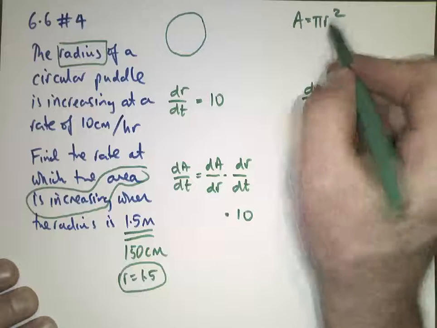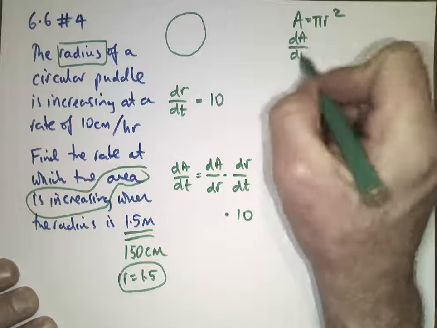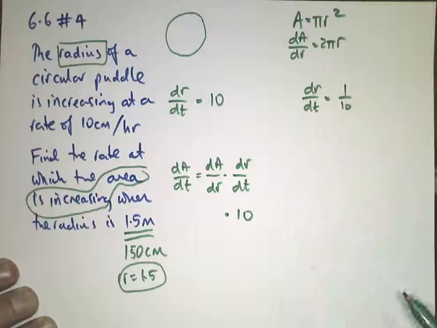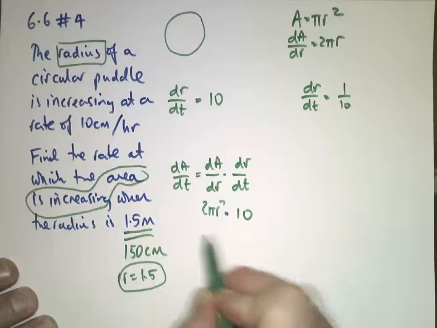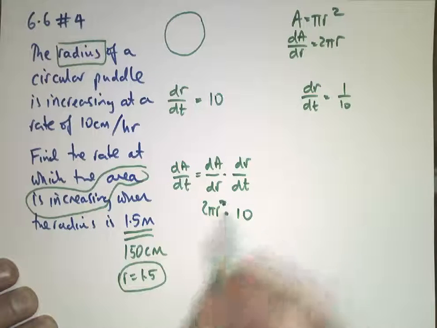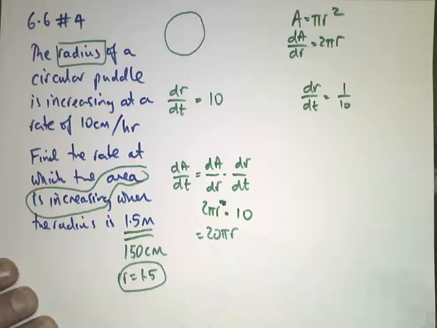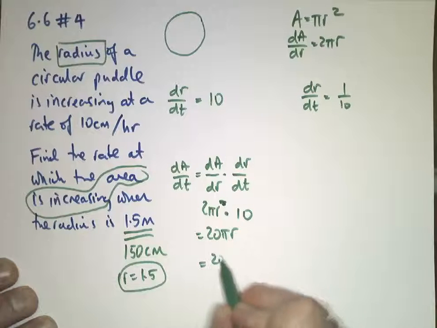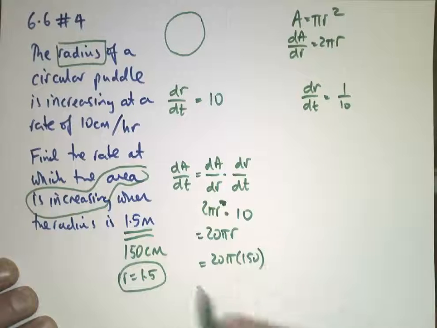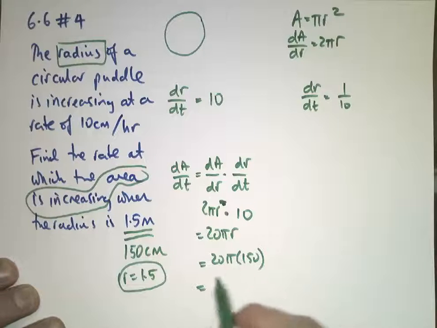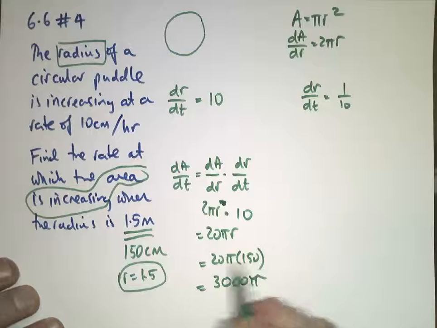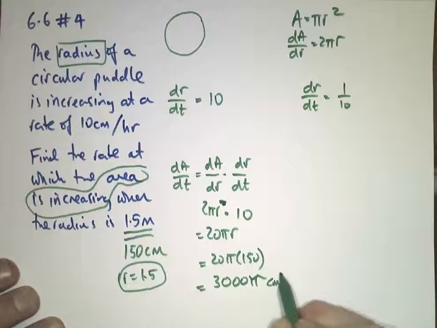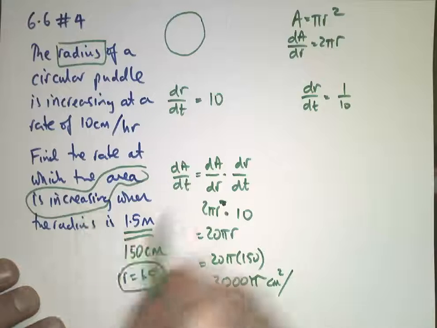That's one variable only, so I can take the derivative: dA/dr equals 2 times pi times radius, which equals 20 pi times the radius, which in this case is 20 times pi times 150, which is 3,000 pi. 20 times 150 is 3,000. So 3,000 pi centimeters squared per hour.